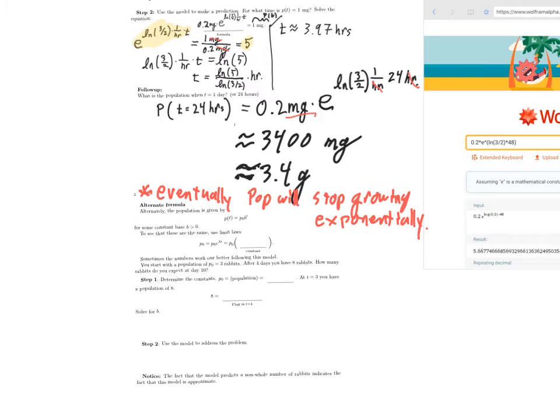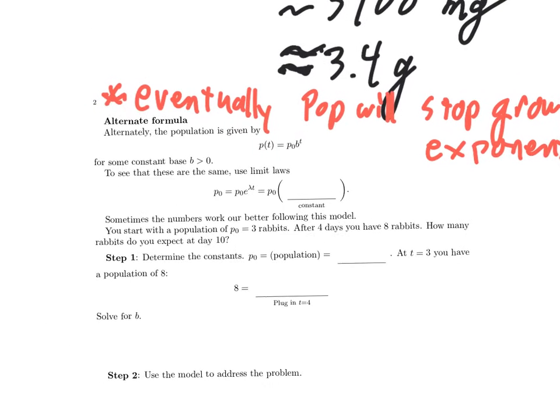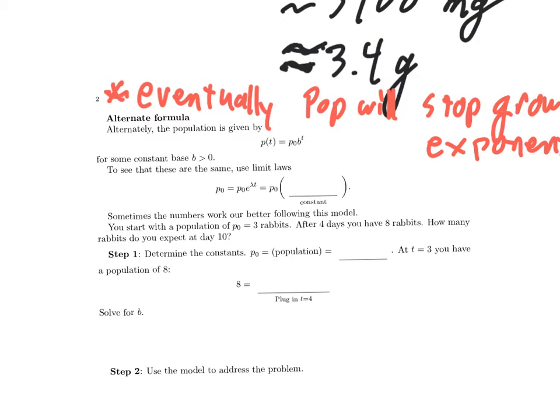So you'll notice that while in this example we were using a base of e, there's no need to use a base of e. We can use any base we want. So an alternate formula, the population which grows exponentially is also given by P of t equal to initial population times any base raised to the t, where there's that base.